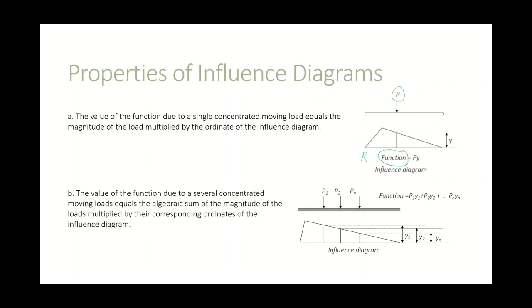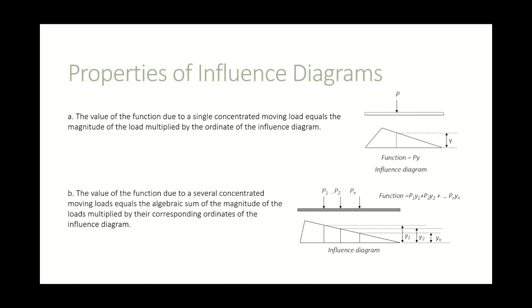So, for example, this is the influence diagram of function R at the right support. Therefore, this height is the reaction if the moving load is at this point. I will further elaborate on that in the next examples.